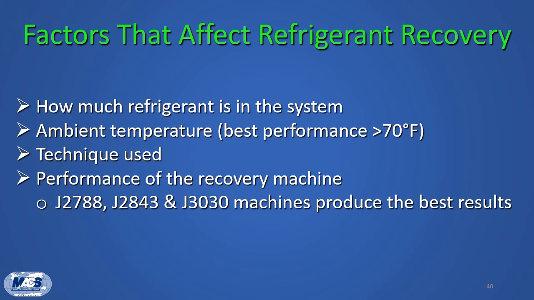These same performance requirements have also been carried forward to the YF machine standards J2843 and J3030. The accuracy requirement is that the machine can recover 95% of the refrigerant charge within 30 minutes and that it can charge a system with plus or minus a half an ounce of accuracy.